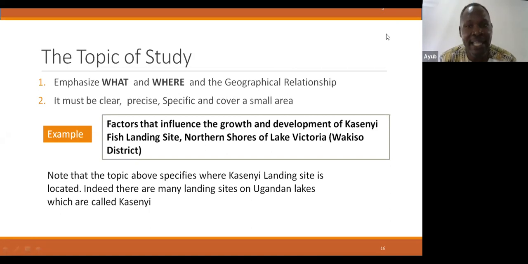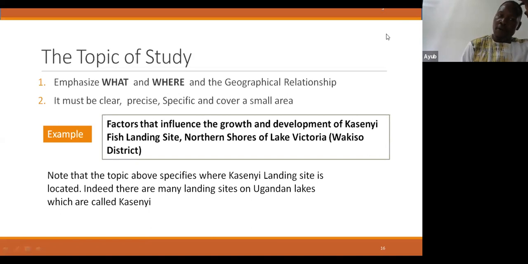But where is Kabakazi Lake? In Rubaga Division, Kampala District. What did you want to study? The influence of Kabakazi Lake on the surrounding areas.